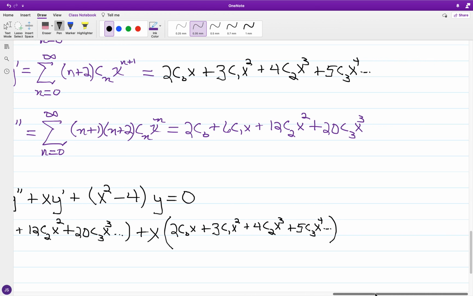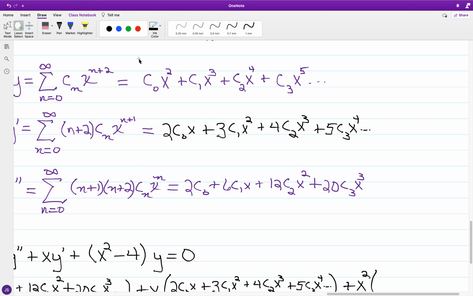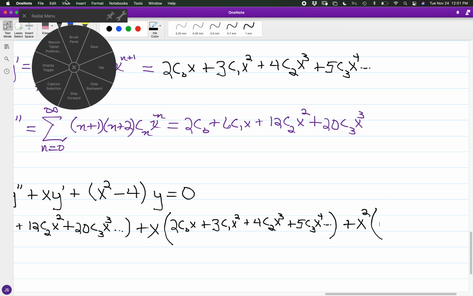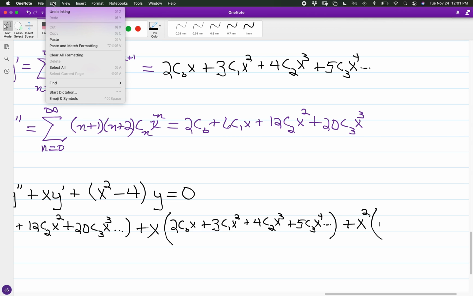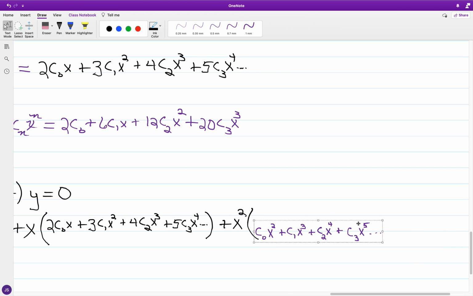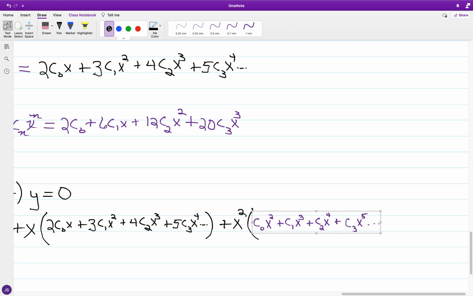And if I were to distribute, I'm going to have x squared again for what I had in y. Again, we had that minus 4 part as well.